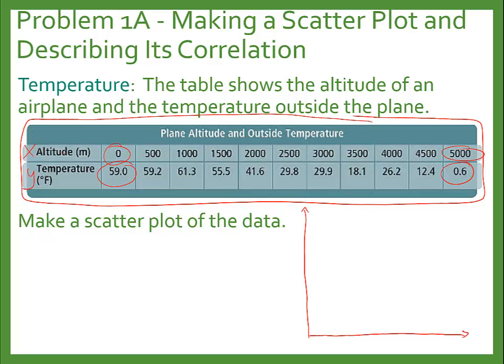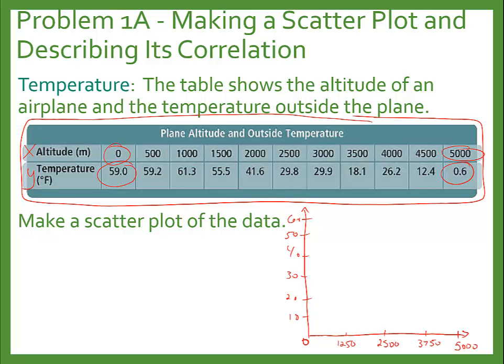Your x-axis will go from 0 to 5,000: 1250, 2500, 3750, etc. Then temperature goes from 0 to let's say 60: 60, 50, 40, 30, 20, and 10. So there's your graph, and now we need to plot the points.